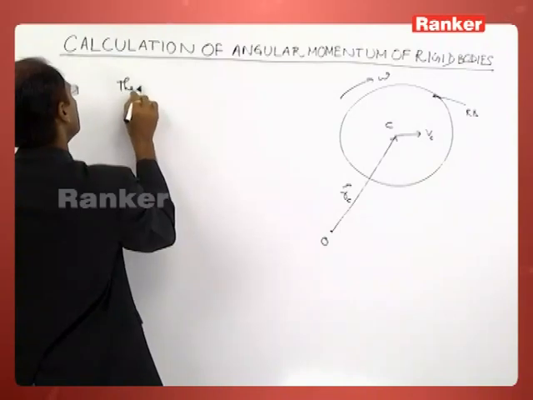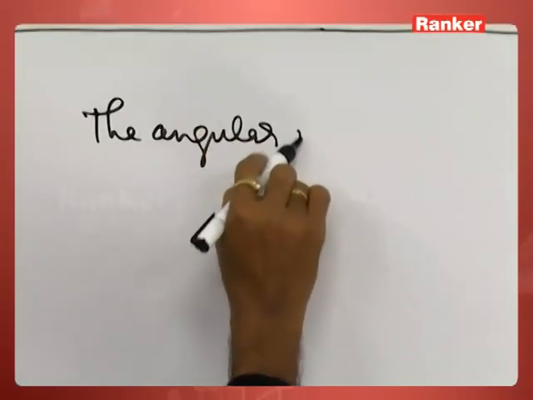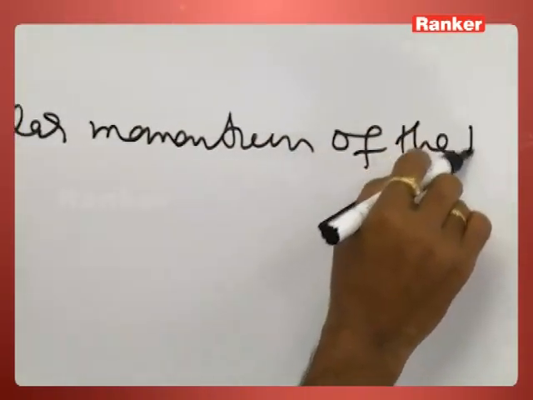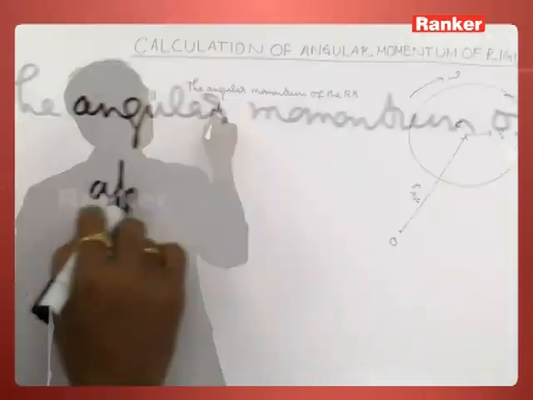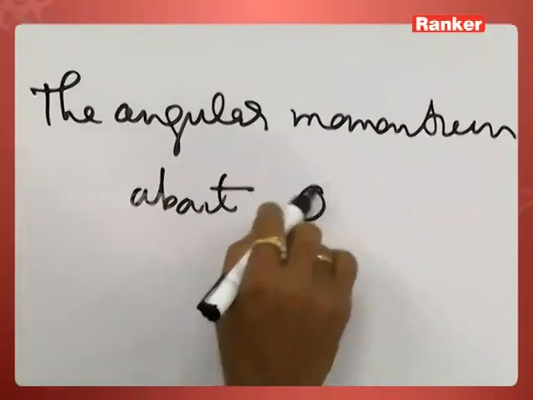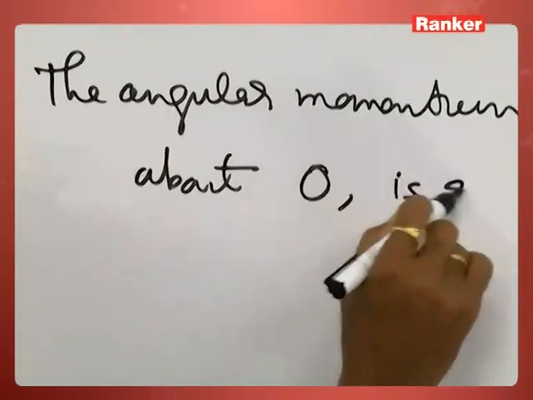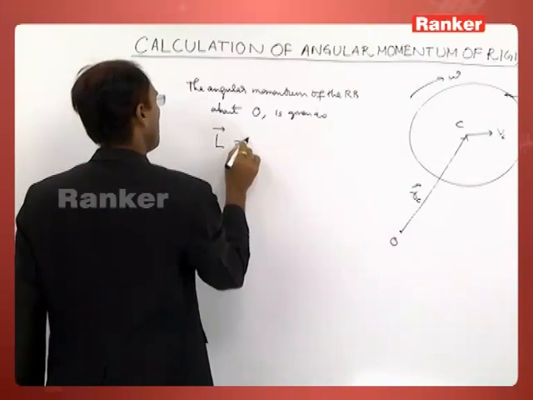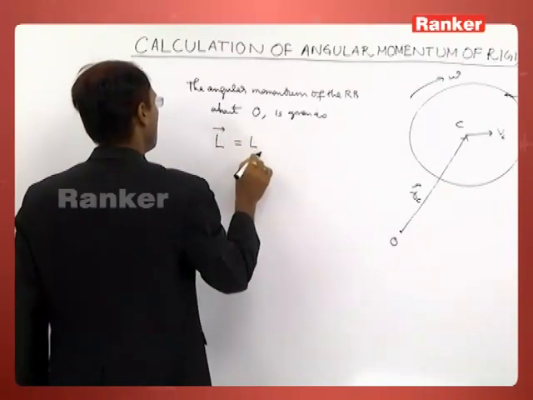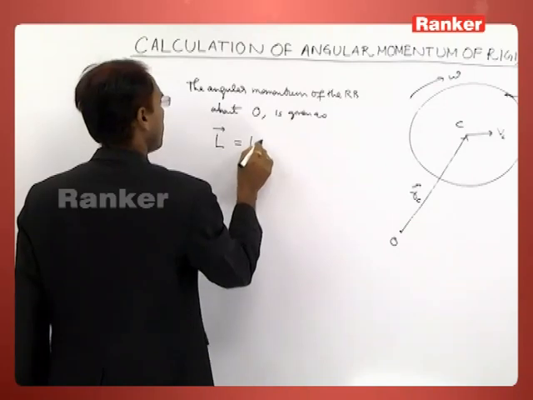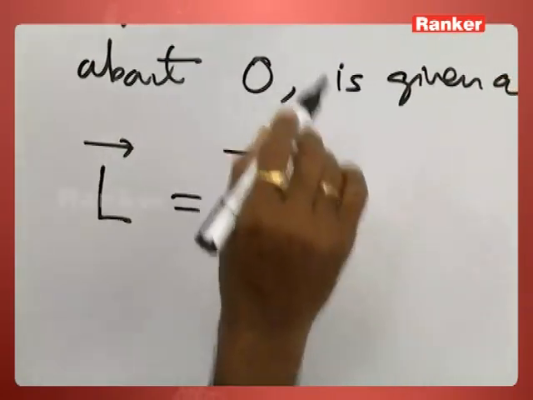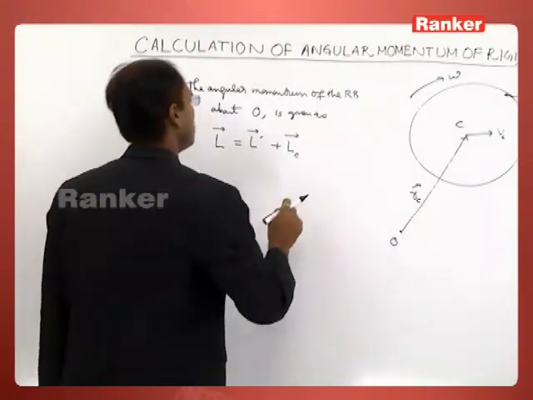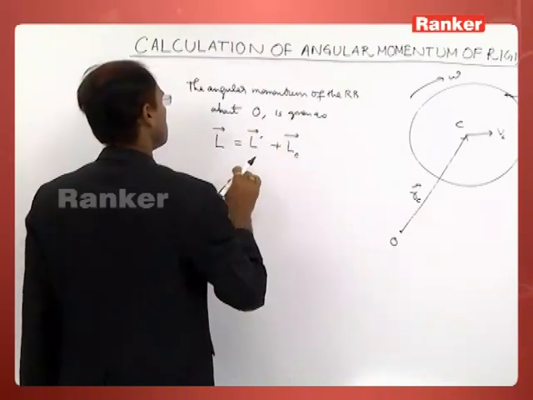The angular momentum of the rigid body about the point is given as the sum of two angular momenta, one with respect to the center of mass frame, another is the angular momentum of the center of mass with respect to the given point.